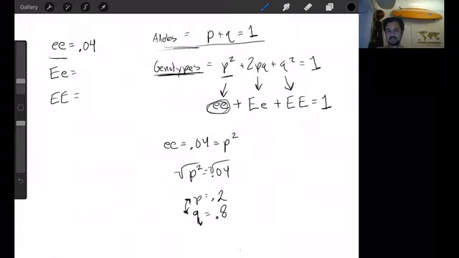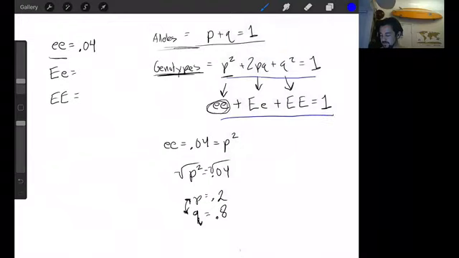You have to make sure you're not confusing the two, right? Now, based on what I just showed you here, you can solve for the different genotype frequencies.